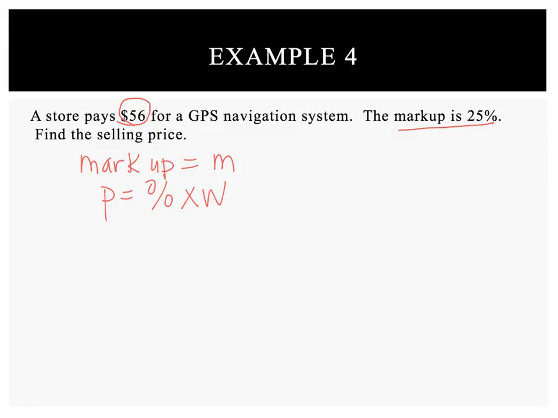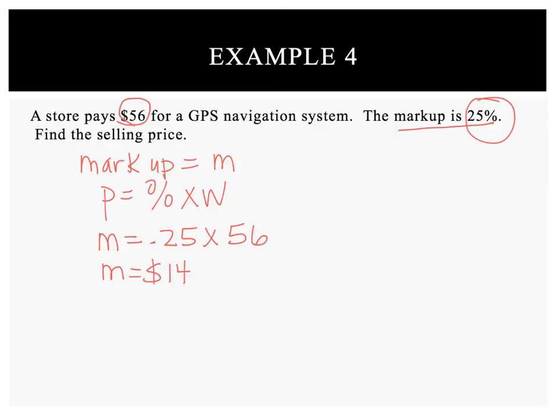We're going to substitute M for P because the markup is the part. So M is equal to percent times whole. I'm going to take my 25% and make it a decimal, 0.25 times 56. So my markup is going to be $14.